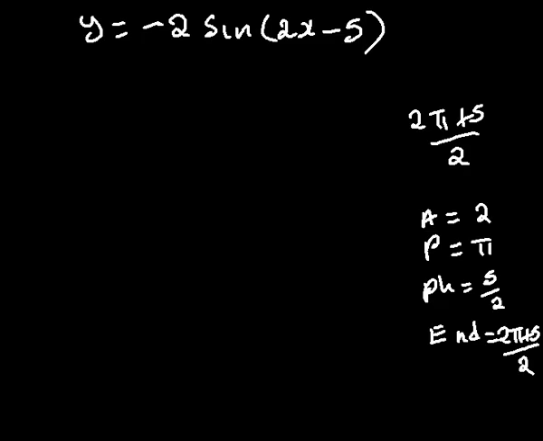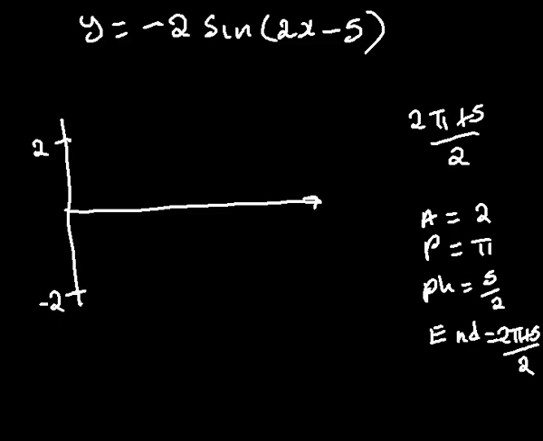And now the graph will have to go like this. I will have it as that. We'll also have it as this. And now what is the amplitude? We have it as 2, and also this is negative, so we'll have a negative 2.